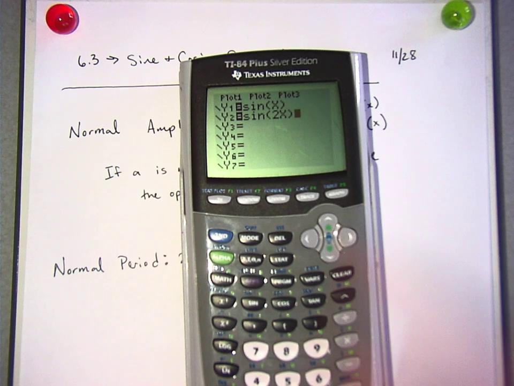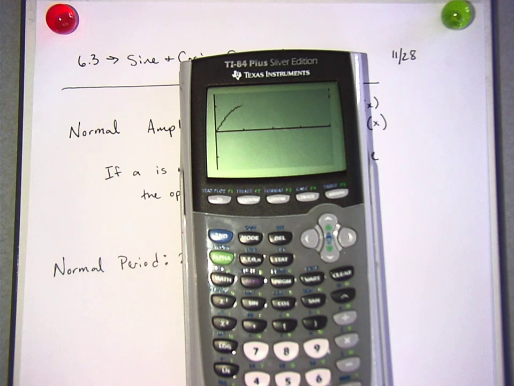And graph it. First, it should graph your original sine graph. So the original sine graph, one period is 0, pi over 2, pi, 3 pi over 2, 2 pi.